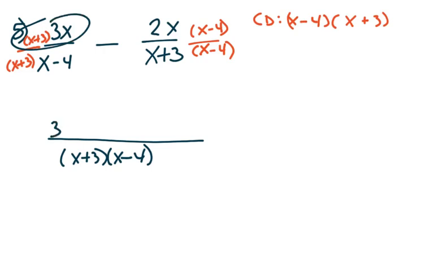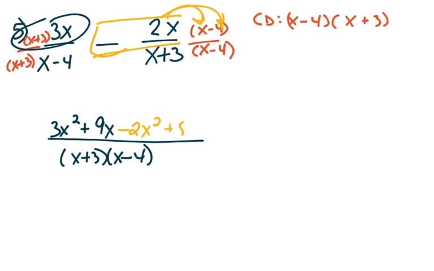So we're going to have 3x squared plus 9x. But here's why this one's really important, because notice what you're doing is you're multiplying this negative 2x into this. So what you're going to get is negative 2x squared plus 8x. So be careful of this.